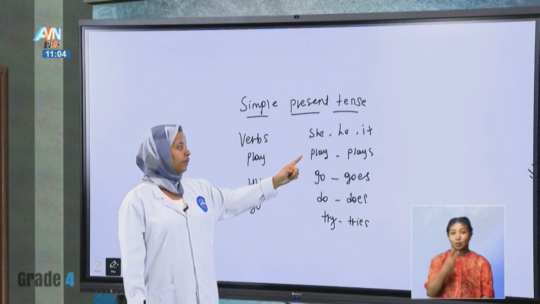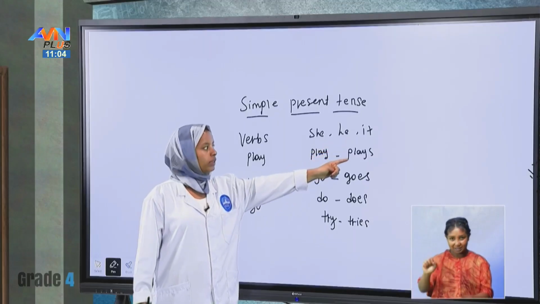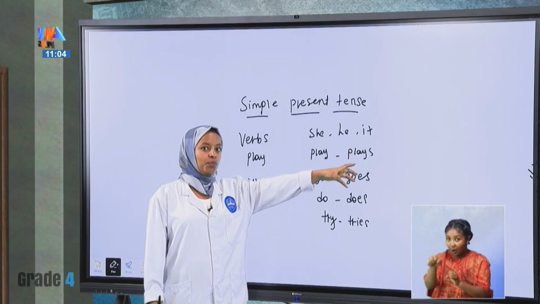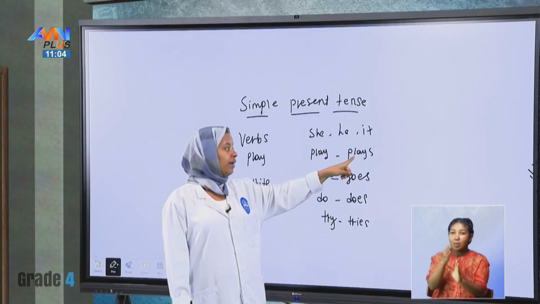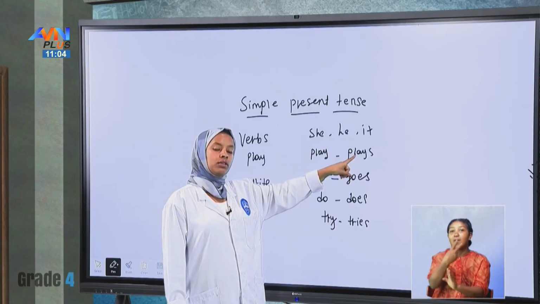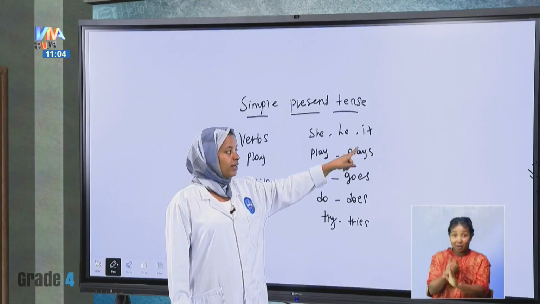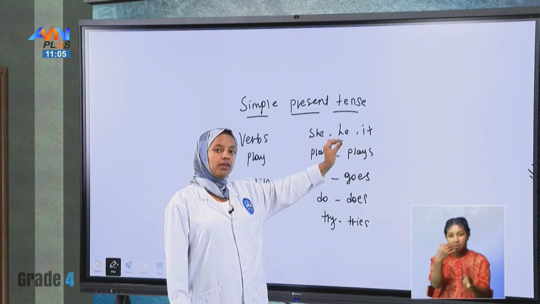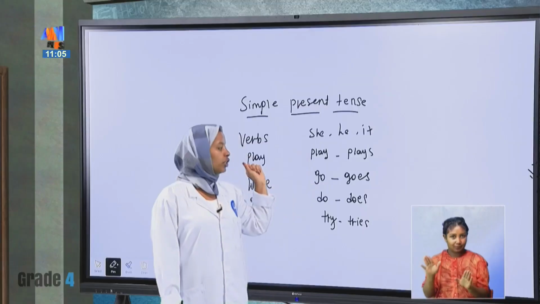Look, students, play, plays. This play ends with y, but before y there is a vowel letter, so we can't add ies. We just take play and add s at the end. This is a special condition.